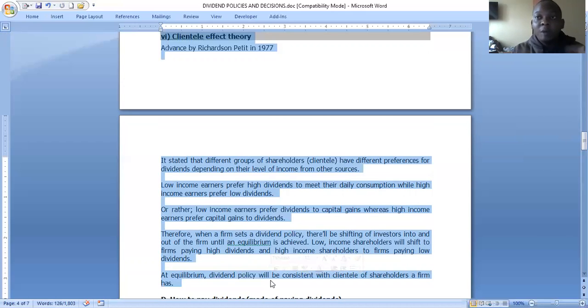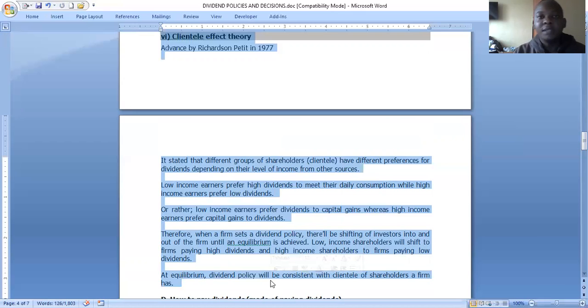So, going back to the revenue, dividend returns and capital gains returns, the low income earners will prefer the dividend returns to capital gains, whereas the high income earners will prefer capital gains to dividend returns. That is according to the clientele effect.